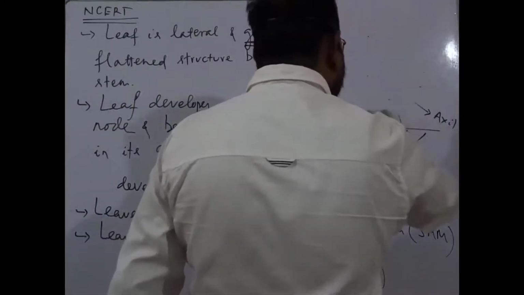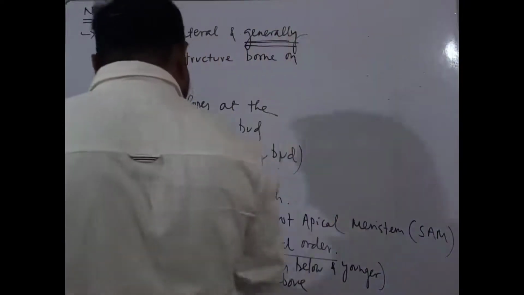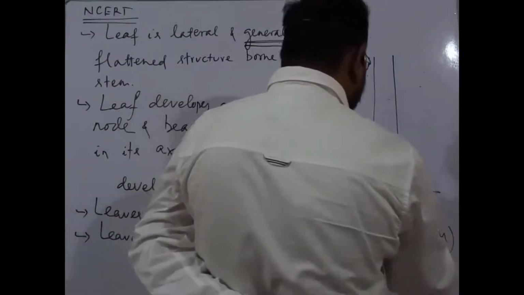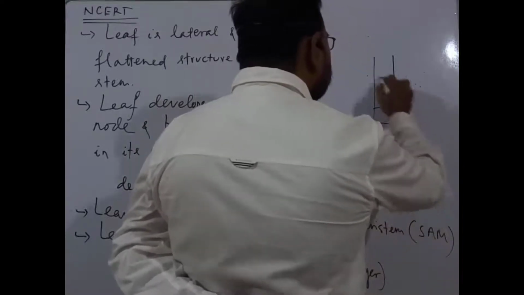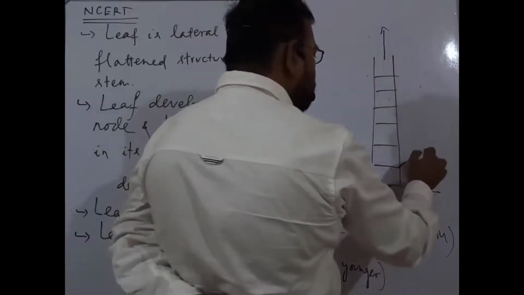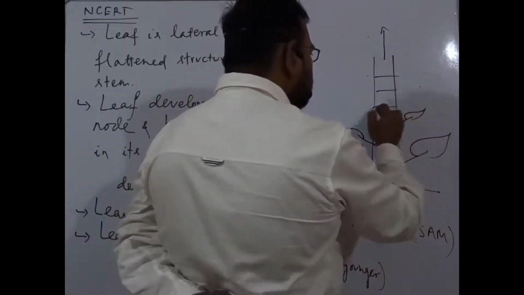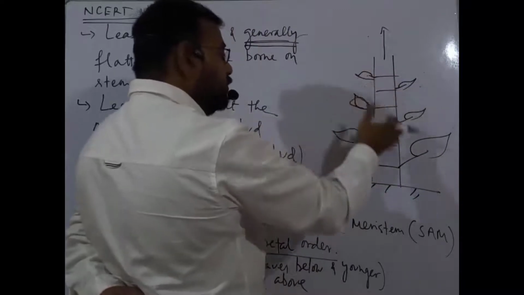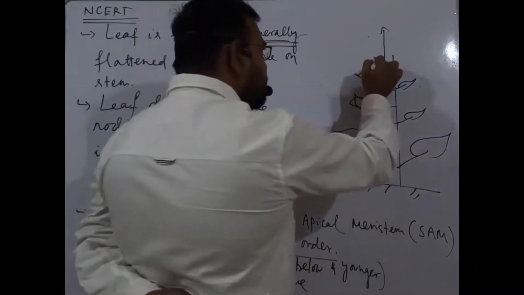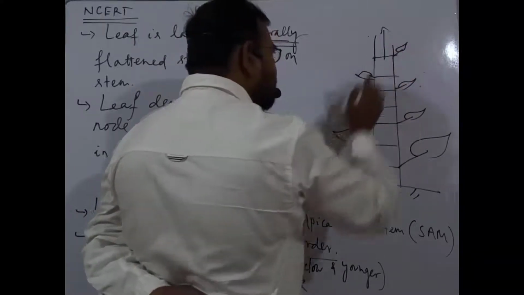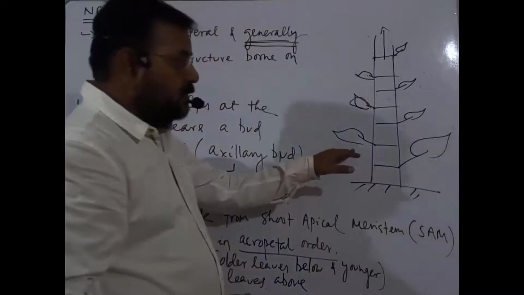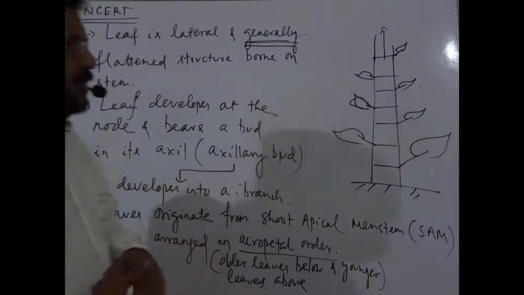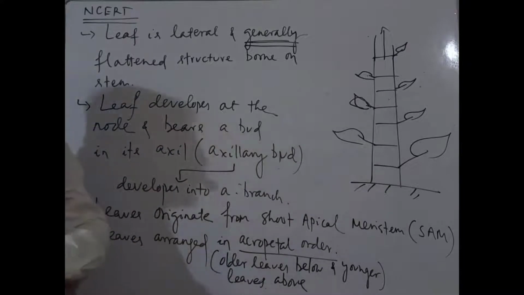So that is known as acropetal manner, या इसको हम बोल सकते हैं acropetal order या acropetal succession. देखिए सपोज एक स्टेम है, ग्राउंड है, ये सब नोड्स है, ये स्टेम अपवर्ड को ग्रो करेगा. सो जो लीव्स होगा, बड़ा बड़ा लीव्स नीचे की तरफ रहेगा और छोटा लीव्स जो अभी बना है वो ऊपर की तरफ रहेगा. जैसे स्टेम ग्रो होते हुए जाएगा नए लीव्स बनते हुए जाएंगे. तो इसका मतलब ओल्डर लीव्स जिसका साइज बड़ा होगा वो नीचे की तरफ रहेगा और जो यंगर लीव्स है वो ऊपर की तरफ रहेगा. दिस अरेंजमेंट इज नोन एज acropetal order, या इसको बोलते हैं acropetal succession.